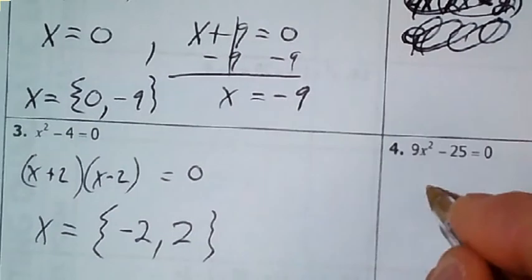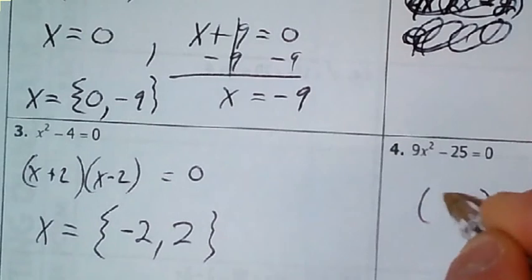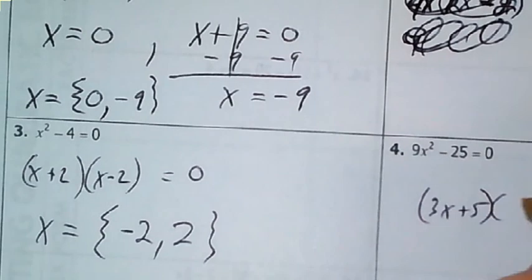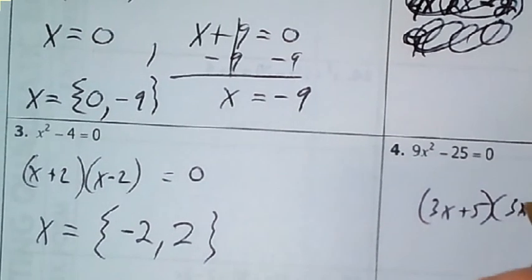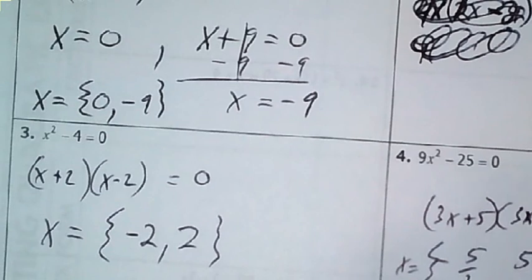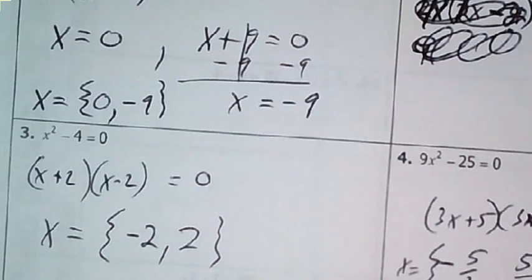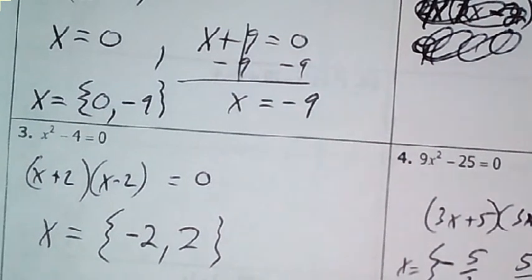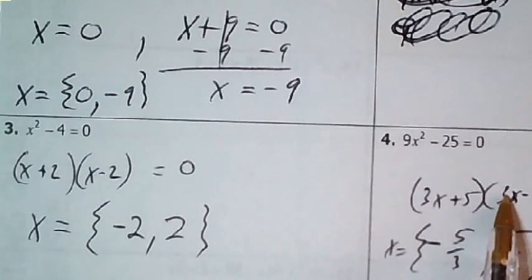So we're going to have 3x plus 5, 3x minus 5. So negative 5 over 3 and positive 5 over 3, because look, this is a 3, and there's a negative sign.